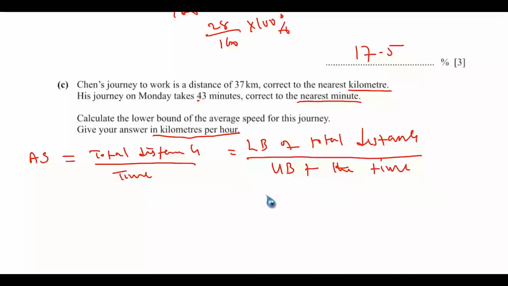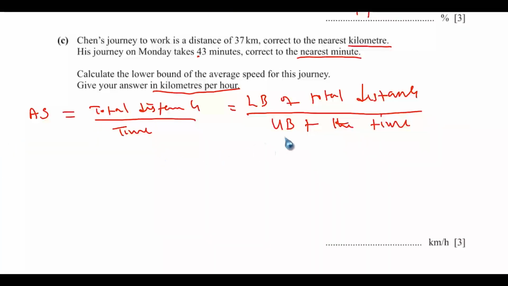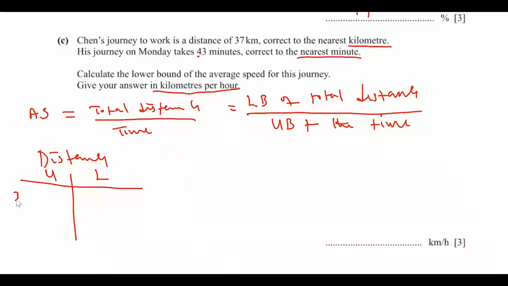So now let's calculate the lower bound and upper bound for each of these parameters. Let's start with distance. I'll just draw a table like this. I have the upper bound here, I have the lower bound here. Since the distance is 37 kilometers, the upper bound will be 37 plus something, and the lower bound will be 37 minus something.